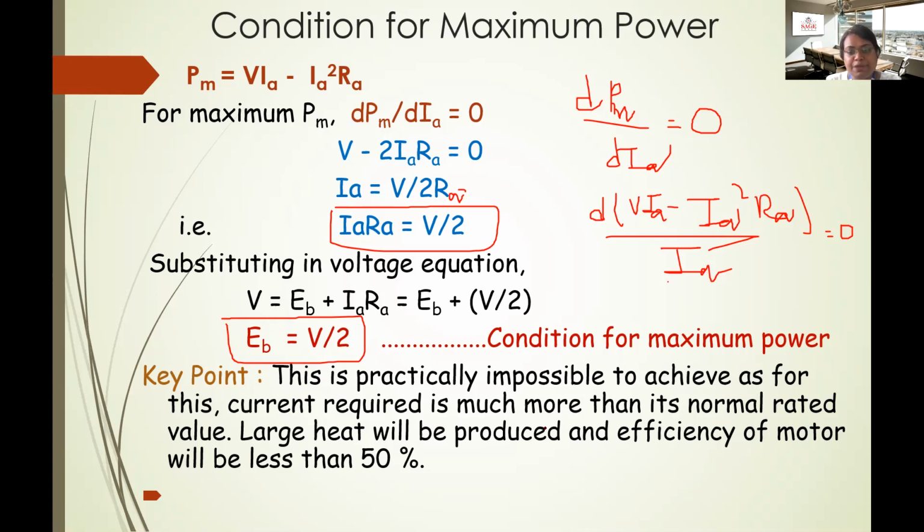So large heat will be produced and the efficiency of the motor will be less than 50%. So we get the maximum power if the back EMF is equal to V by 2, and this condition is practically impossible. So thank you so much.